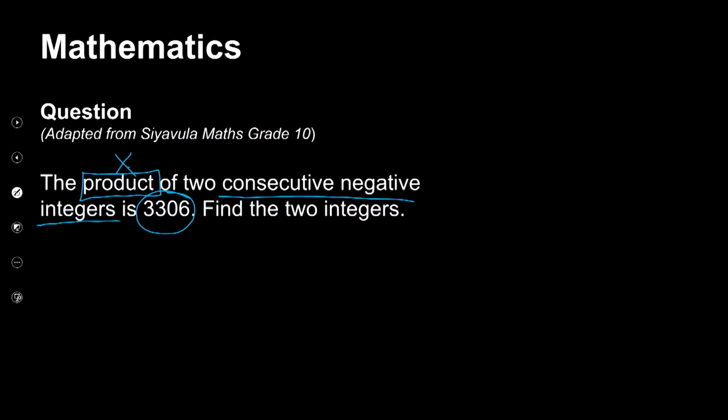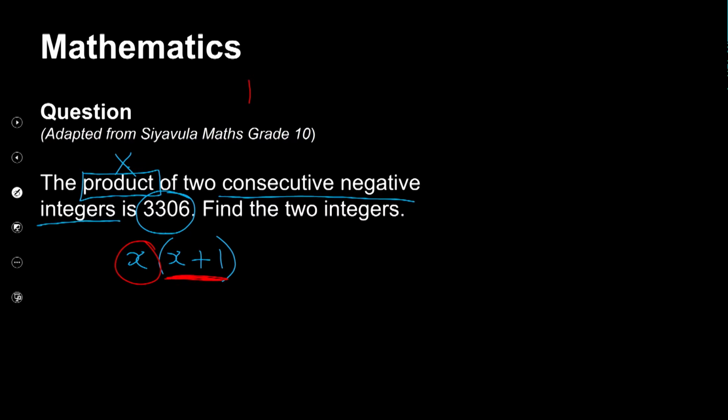What does this mean? It means that we're still going to use x and x plus 1, right? The product of these two. Consecutive means one is one more than the other. So this one here, let me highlight it for you, is one more than the previous term. That's what consecutive means.